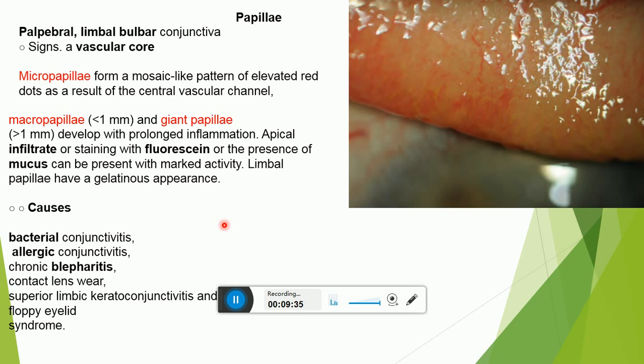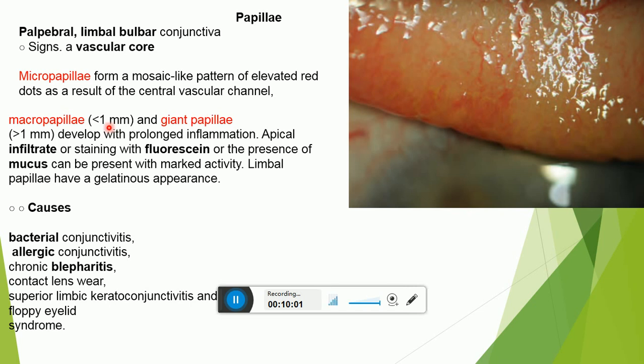The differentiating point from follicles is that there is a vascular core. There are micropapillae and macropapillae. The micropapillae are in a mosaic-like pattern or elevated red dots as a result of a central vascular channel.